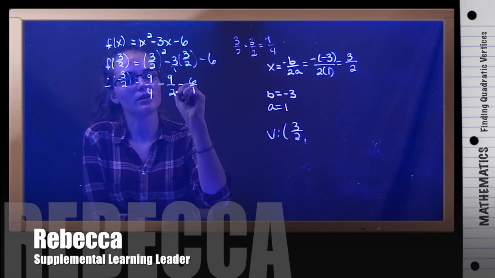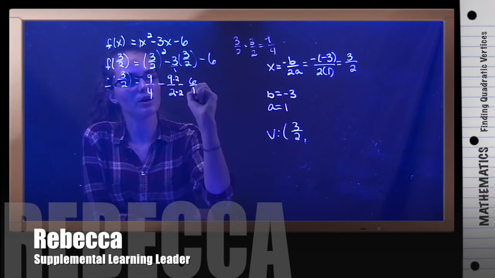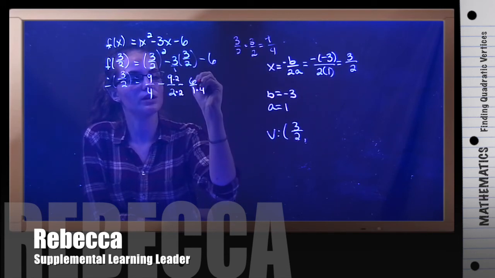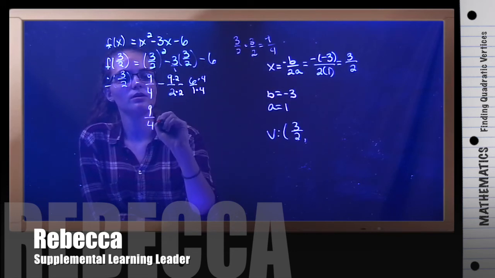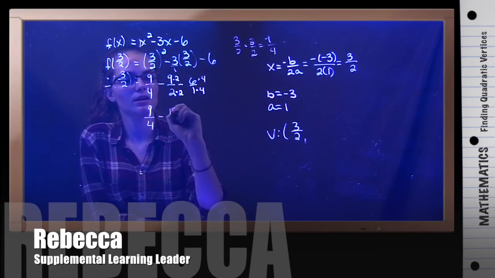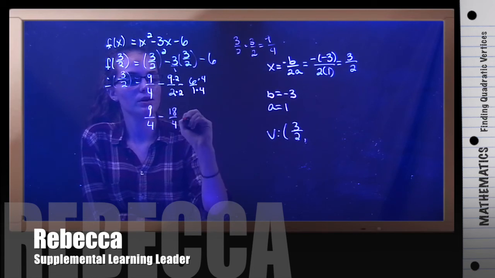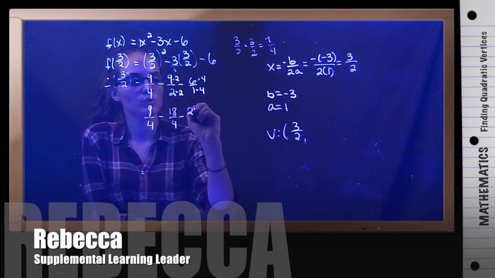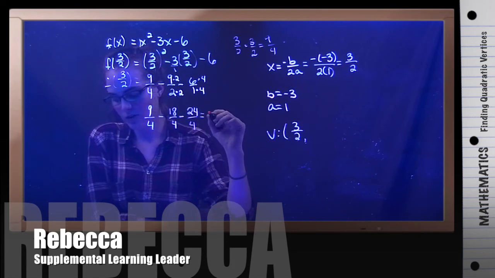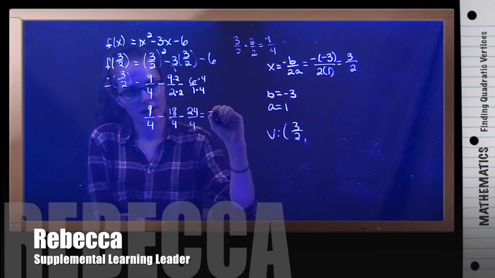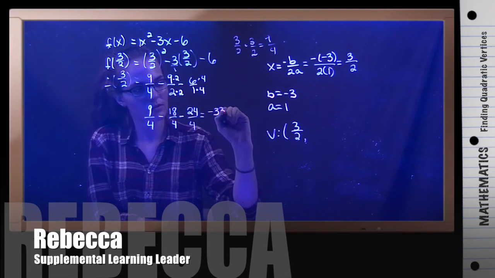So I'm going to multiply this by 2 on the top and the bottom, and I'm going to multiply this by 4 on the top and the bottom. So this becomes 9 over 4 minus 18 over 4 minus 24 over 4. And when I add all of those together, I get negative 33 over 4.